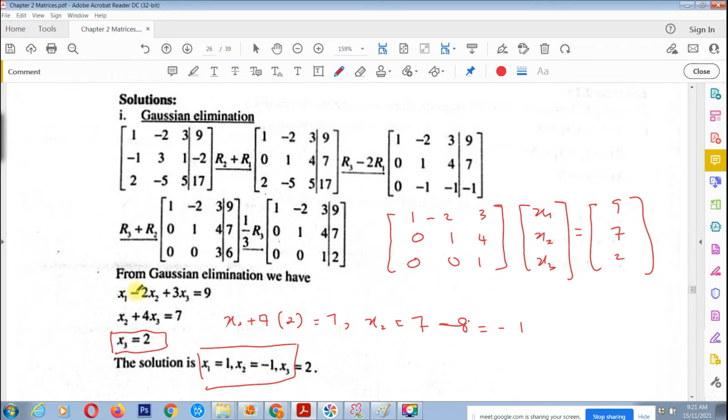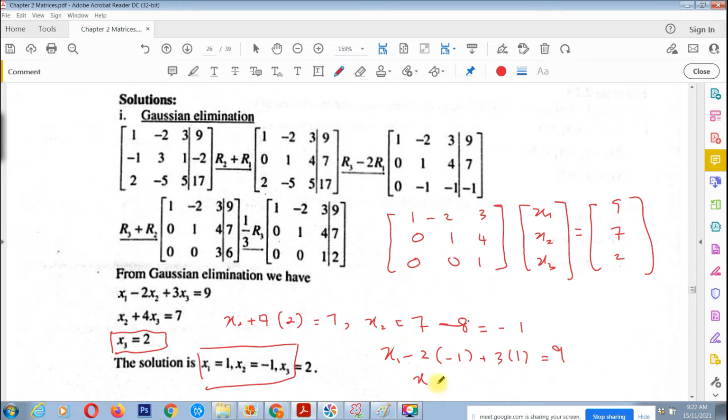Then we put it inside the first equation: x1 minus 2 times negative 1 plus 3 times 2 equals 9.